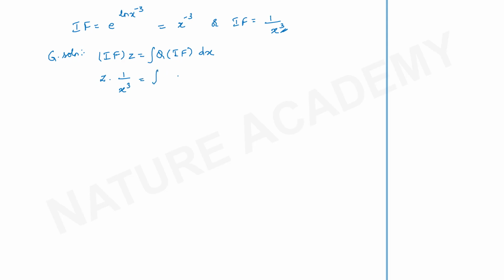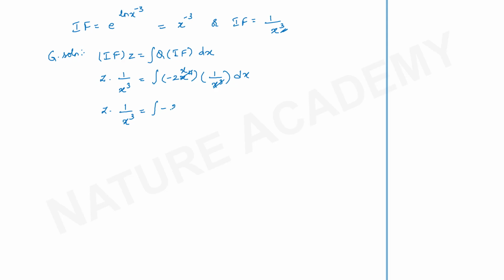This is equal to integral. Our new q was minus 2x raised to 4. So I will write it as minus 2x raised to 4 into integrating factor 1 by x cube into dx, or z into 1 by x cube is equal to, this x cube and x raised to 4 will get cancelled and one x will be remaining here.